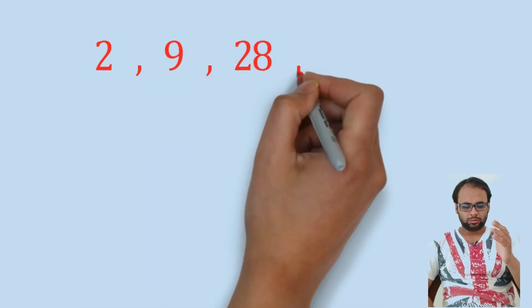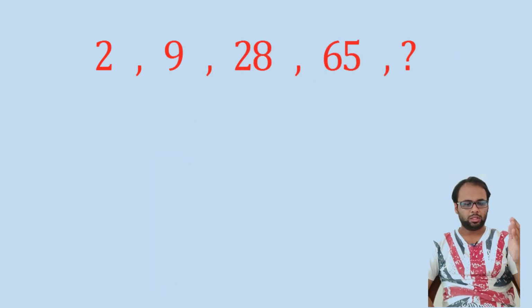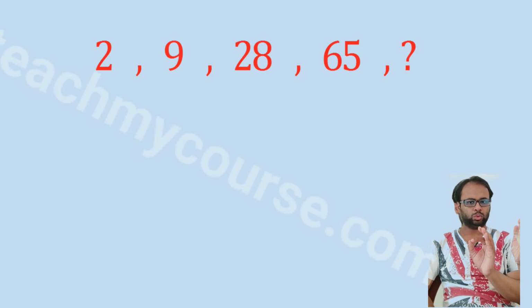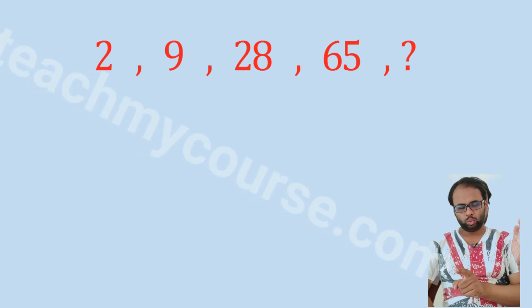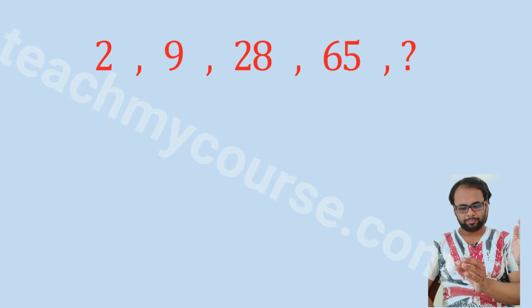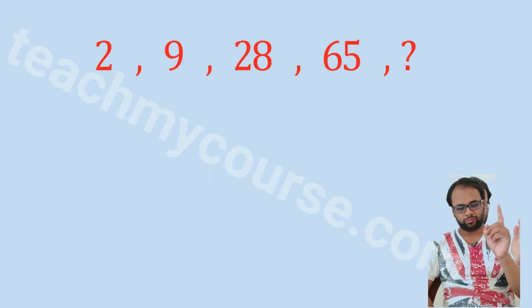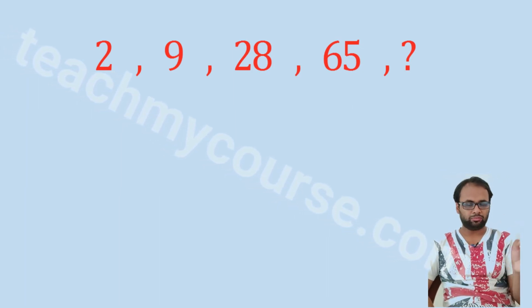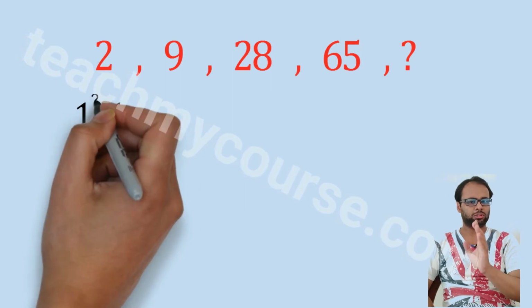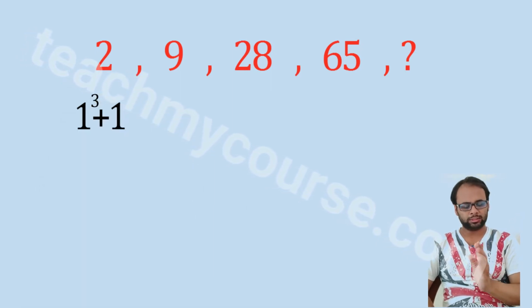Next we see another kind of cube series, which is 2, 9, 28, 65. Now if you see carefully, this is not exactly a cube series, but each number is almost adjacent to the cube of a number. 2 is adjacent to 1, 9 comes next after 8, 28 comes after 27. Obviously there is some relation between the cubes of the numbers and this series.